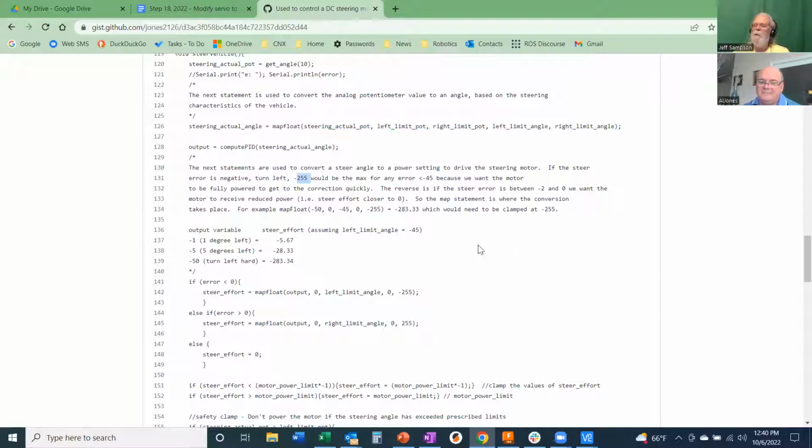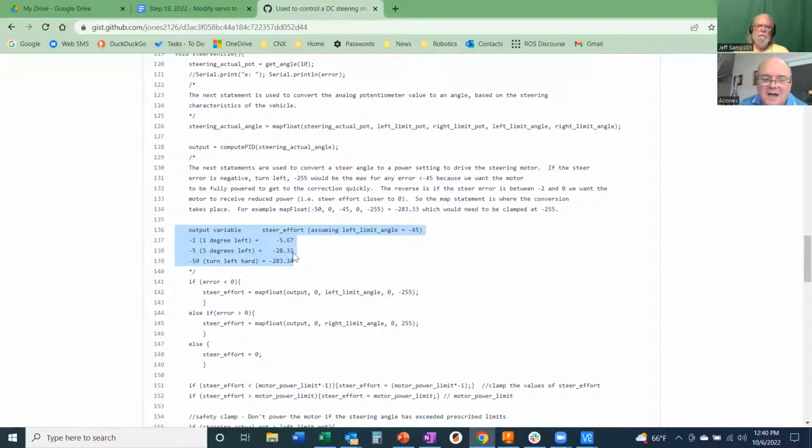By controlling your proportional gain, if you're off by 3 degrees or 10 degrees or 20 degrees, it'll reach full power and the motor will saturate. And then as the error gets closer to zero, you're putting out less power to the motor.